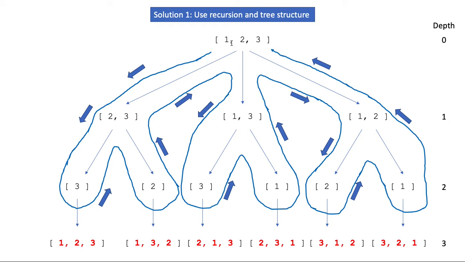So starting from the parent node 1, 2, 3, traverse down to the depth 1 channel, traverse down to the depth 2 channel, then reach the leaf terminal node, and then traverse back up to the depth 1 channel, traverse down to another depth 2 channel, traverse down to another depth 3 terminal leaf node, and then it goes through this whole process until it finally reaches all the possibilities exhausted.